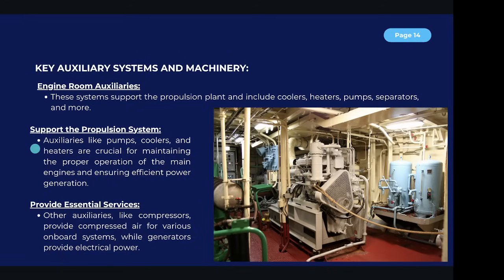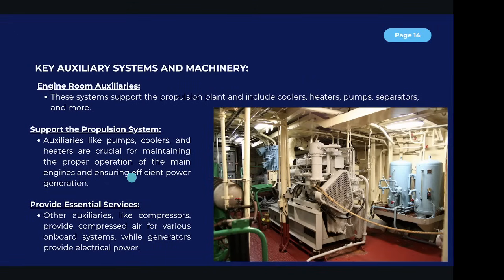So this is to support the propulsion system. These auxiliaries, like the pumps, coolers, and heaters, are crucial for maintaining the proper operation of the main engines and ensuring efficient power generation.